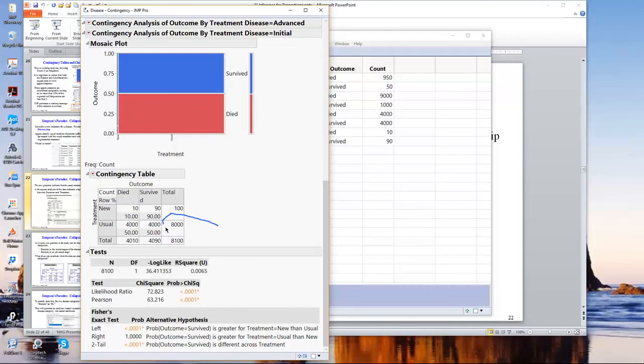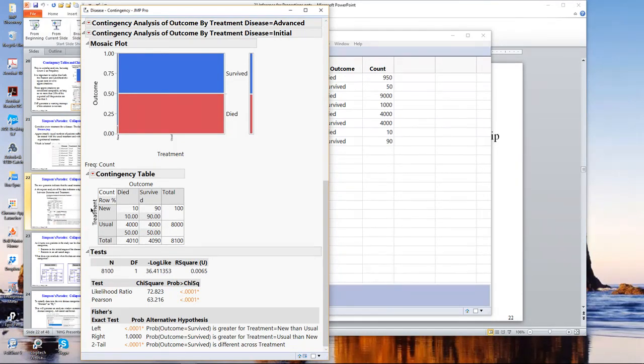In the usual treatment, we have a high proportion of patients. Here's the problem. What's happened is disease, initial or advanced, partly because of the poor study design, is completely confounded with the treatments. Again, it's a very poor design, but it makes the point about Simpson's Paradox.